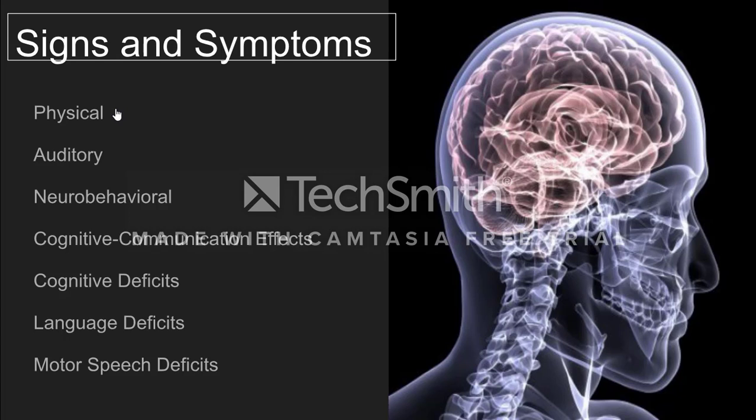And the cognitive communication effects and cognitive deficits kind of go hand in hand because an impairment in language can disrupt cognitive processes, and an impairment in cognitive processes can disrupt language. So these symptoms can include difficulty with attention, perception, memory, executive function, and problem solving.